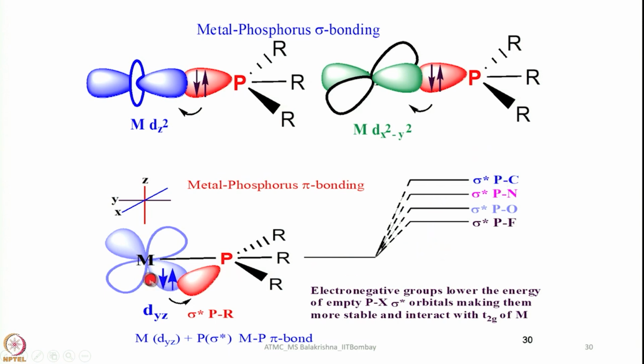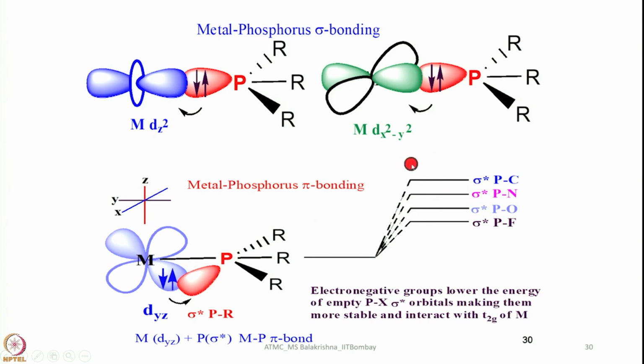You can see, let us say here the energy of the t2g orbitals, or metal pi donor orbitals, and here the relative energies are there. That means by adding more electron withdrawing groups, we are pulling down the sigma star orbitals to be on par with the metal pi donor orbitals. On the other hand, if you put more electron donating groups, the energy of this one is elevated. As a result, they become good sigma donors but very poor pi acceptors.